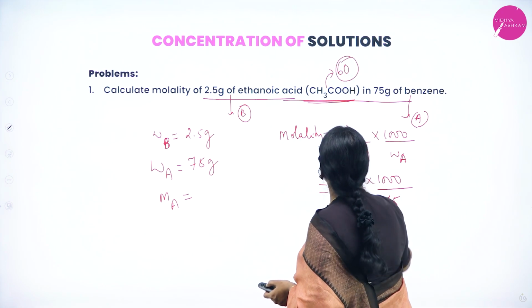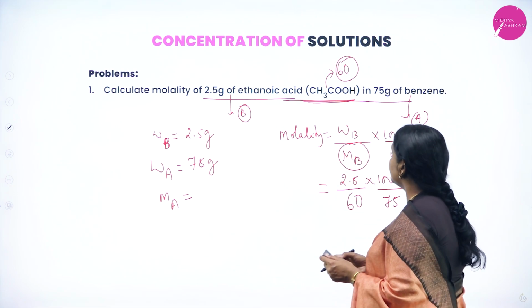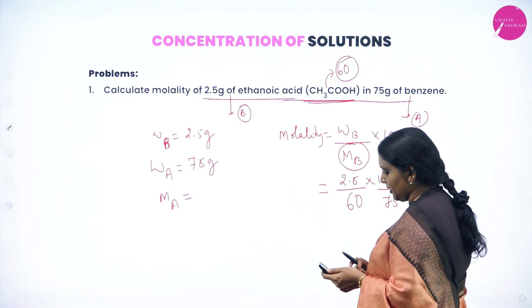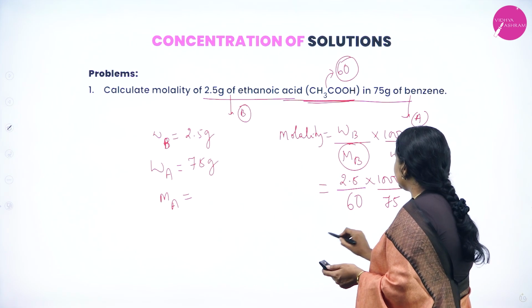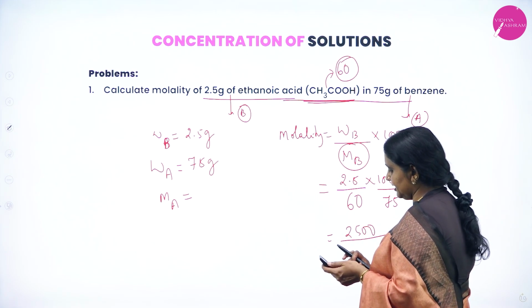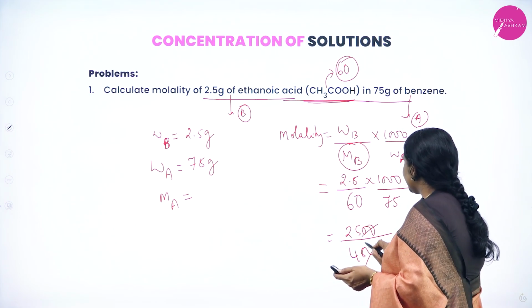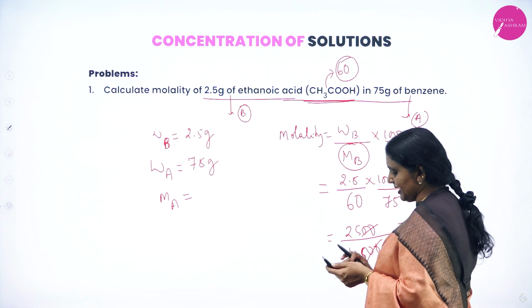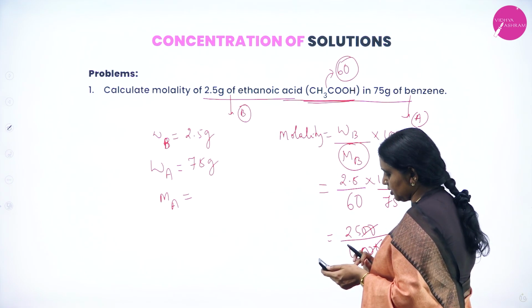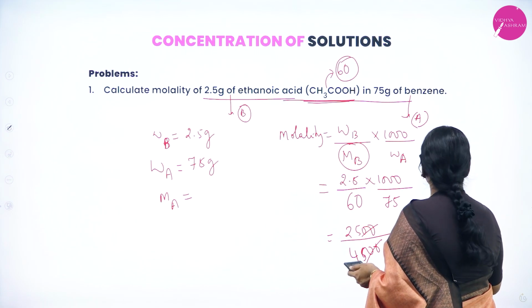Molecular mass of acetic acid is 60. Therefore, 2.5 into 1000 is 2500 divided by 60 into 75, which is 4500. Cancelling, 25 divided by 45 is equal to 0.355. What's the unit of molality?